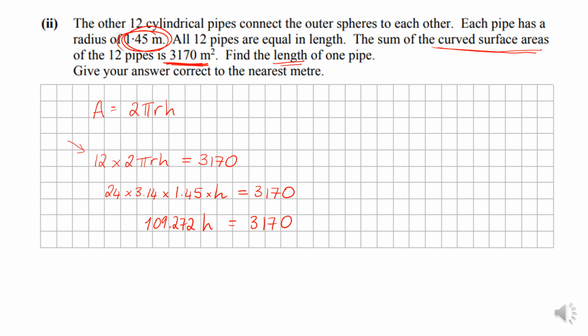Now how do you solve for h? If you want just one h, you will divide by whatever's beside it on both sides. So here your algebra skills come into use once again.